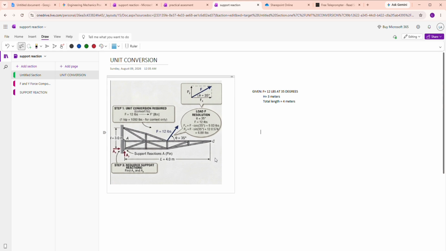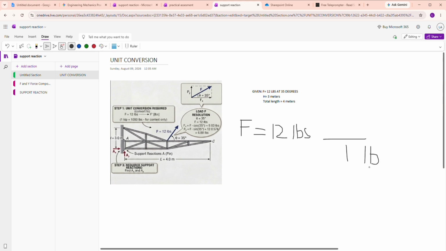In engineering practice, we often work with SI units. To maintain consistency, we will convert our force F, 12 pounds, into Newton, using the standard conversion factor for 1 lb. 1 pound is equivalent to 4.448 Newton.